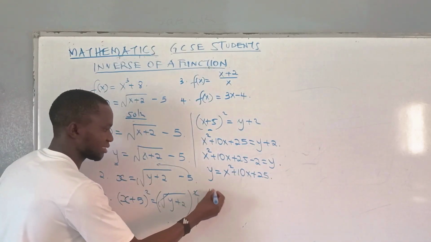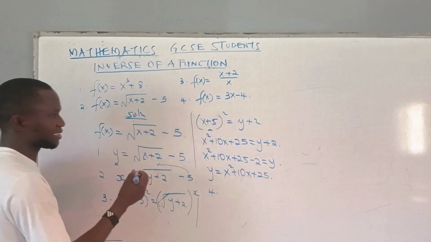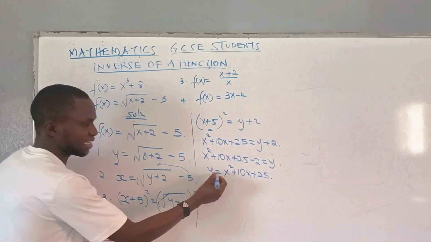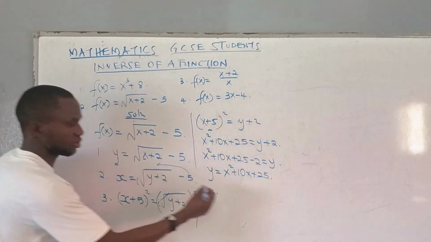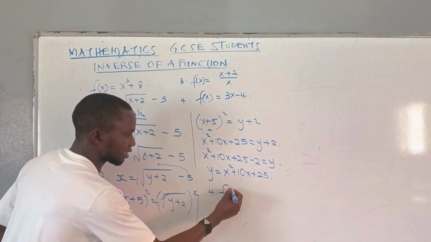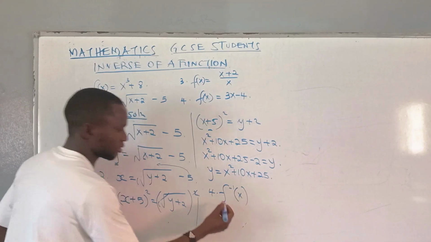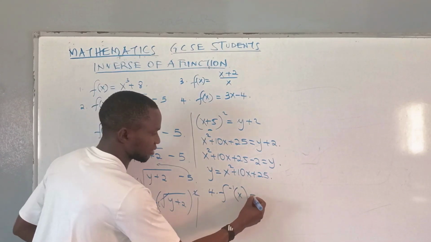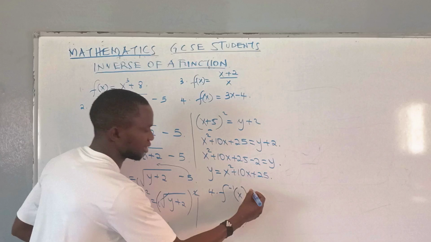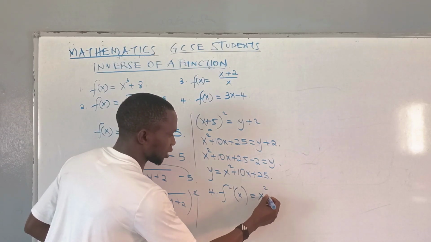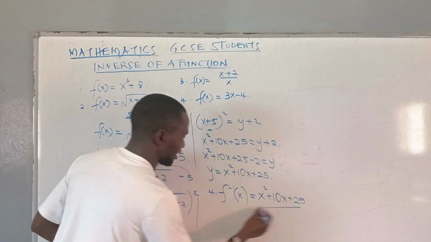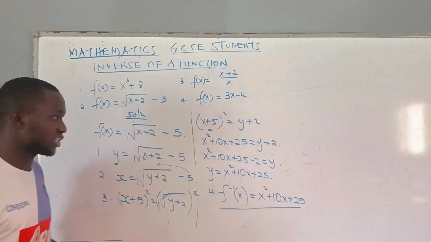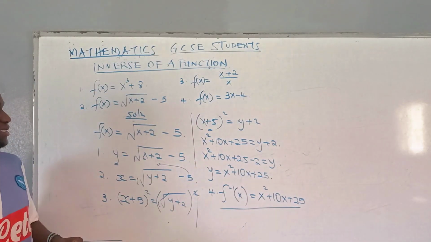Now the last step is you write this as an inverse notation. So it's going to be f inverse of x, or the inverse of the function, is equal to x squared plus 10x plus 23, and that becomes the final answer.